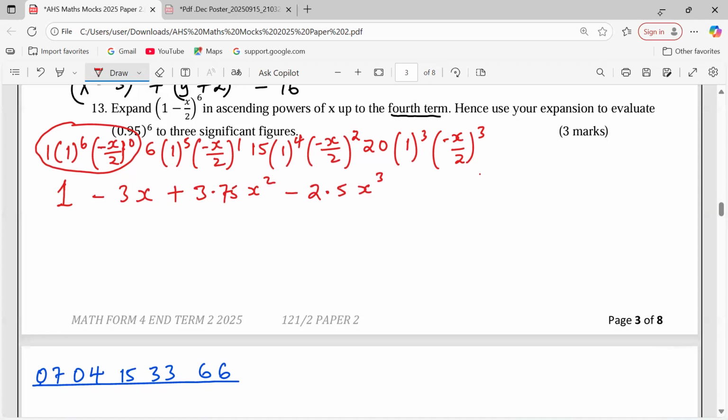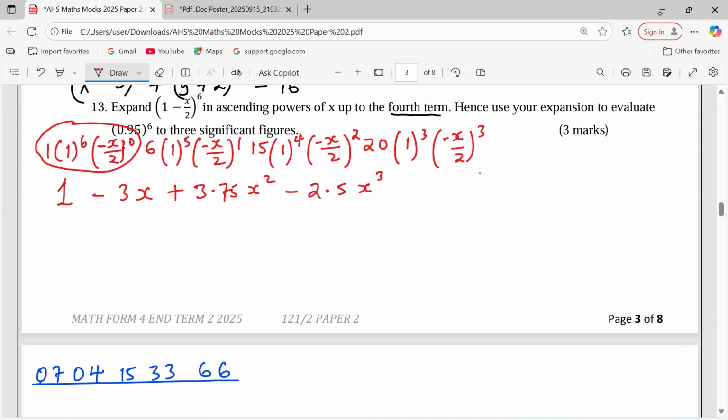At this point now, we can look at the application of this to estimate the value of 0.95 power 6. So we say 1 minus x over 2 is the same as 0.95. We can have this 1 over 2 becoming positive on the right-hand side. Then 1 minus 0.95 subtracted here to give us 0.05.